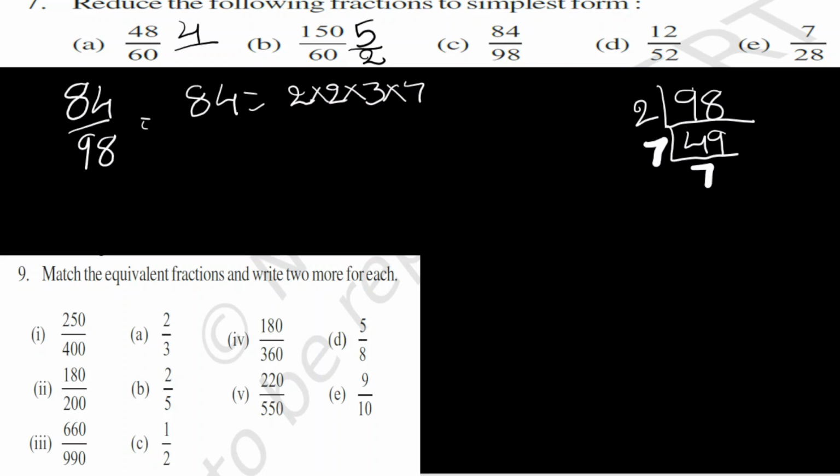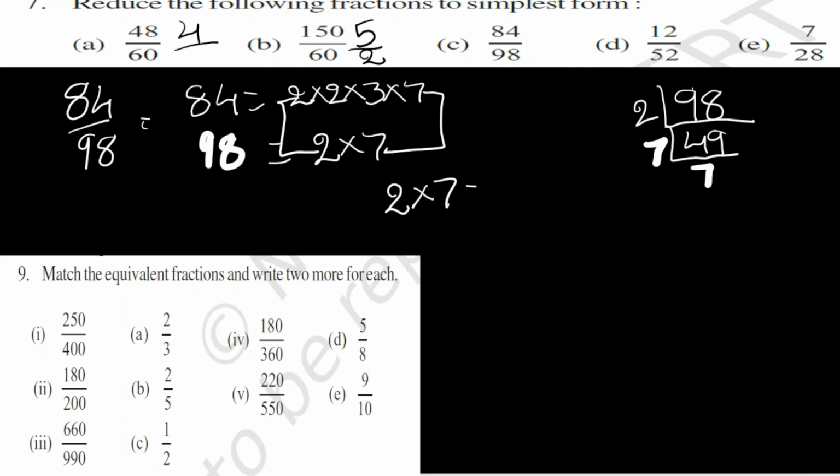And this 98 can be expressed as 2 into 7 into 7. Let's take the uniform numbers from both the values. Here 2 is the uniform value and 7 is the uniform value. Now the HCF becomes 14. 2 into 7 is nothing but 14, and 14 is the HCF.